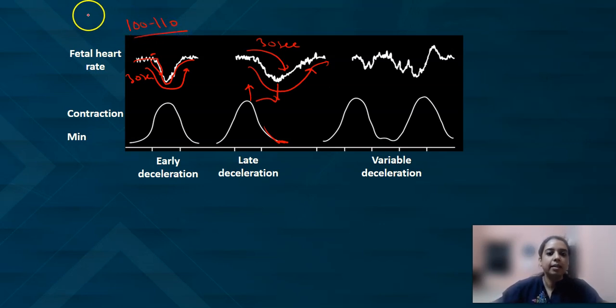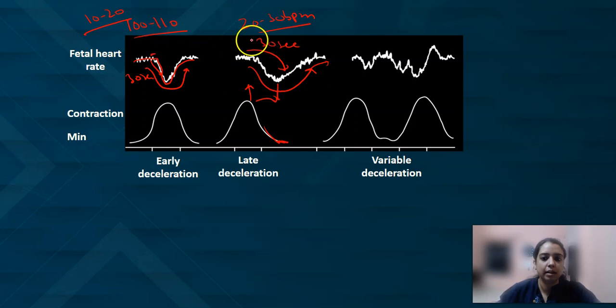From the baseline, it hardly falls more than 10 to 20 beats per minute. Late deceleration falls only 20 to 30 beats per minute from the baseline. So the fall is not that much, a little more than early, but not that much. Early deceleration is because of head compression. It is not pathological. But late deceleration is basically because of uterine or fetal hypoperfusion. So it is a sign of hypoperfusion.